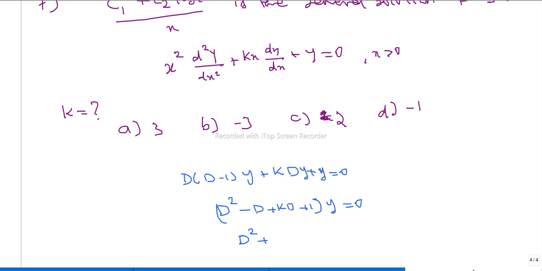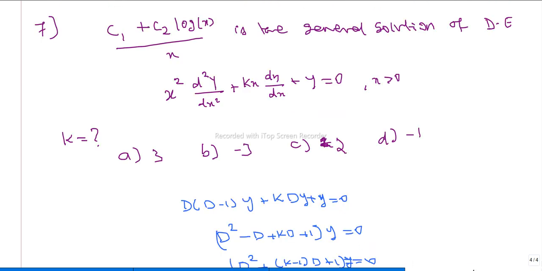So (D square plus (k minus 1) D plus 1) y equal to 0. So this is the equation. You have to write the auxiliary equation and then find the solution. It's given that (C1 plus C2 times log x) whole divided by x is the general solution.